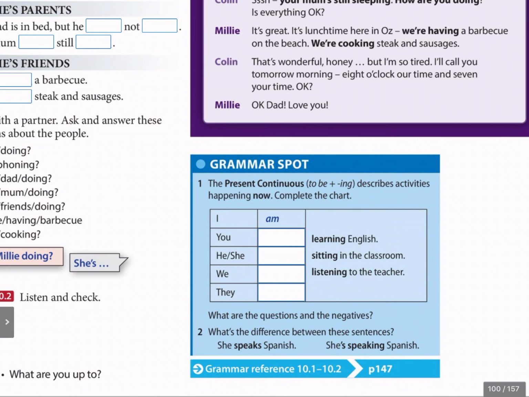When we say she is speaking Spanish, we are talking about something that is in its progress at this moment. So she is speaking Spanish now. We don't need to state it. We don't need to say now or at the moment. It's not necessary. We just have to say she is speaking, and that is all. Using this verb tense, we make it clear that the action is happening at the moment.